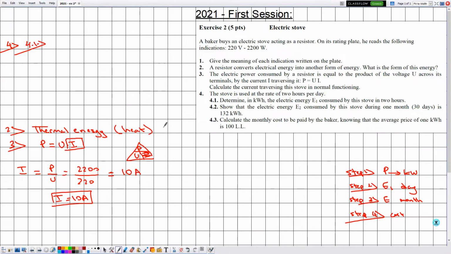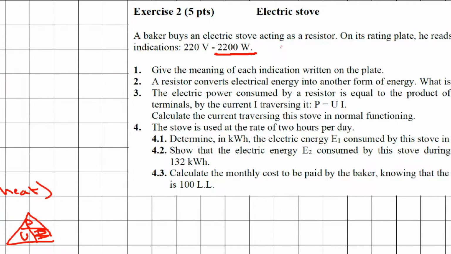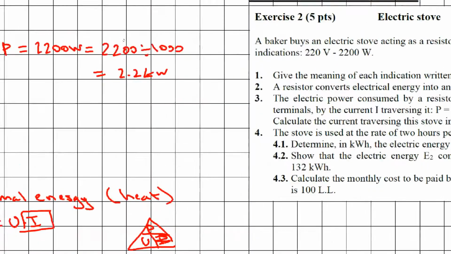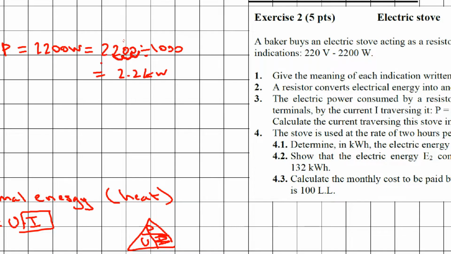But we have the power, which is given by 2200. This must be converted to kilowatts, which is step 1. Then power, which is 2200 watts. Now converting it to kilowatts, we divide by 1000, and this is equal to 2.2 kilowatts. Now dragging the decimal 3 places to the left.